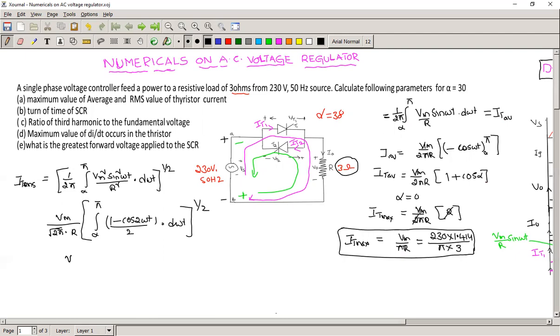So Vm by 2 into root pi into R. If we complete this integration, we are getting pi minus alpha plus sin 2 alpha by 2. And substitute the limits also. Here we are getting the 1 by 2. This is the RMS value of thyristor current.